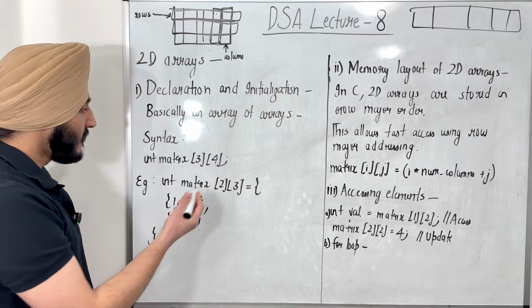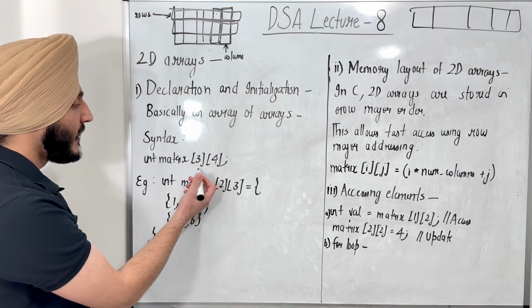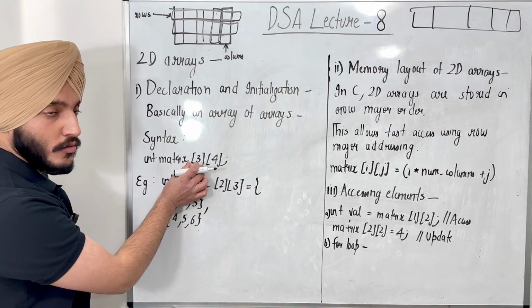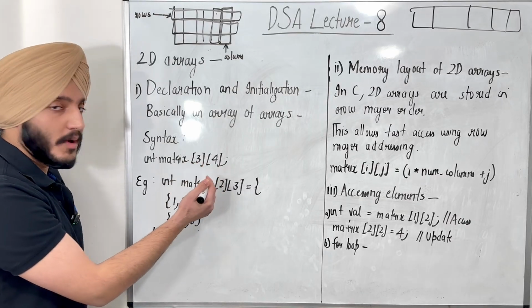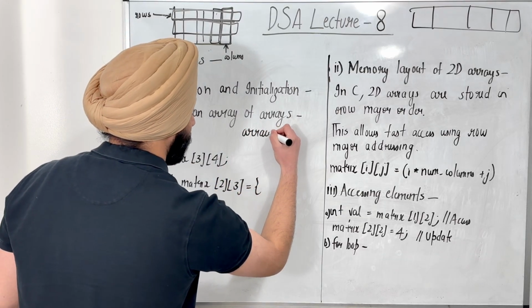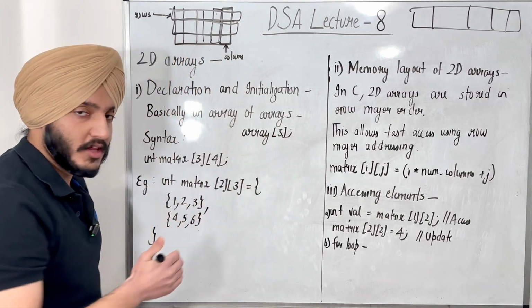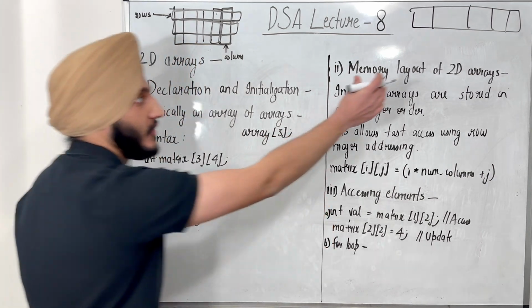The declaration is, this is how we declare a 2D array. So if you look at this example, I'm using two different brackets in this case. If you remember, in a regular array, I was just doing something like this. So this was just a 1D array, right? Everything is stored in one sequence, kind of like that.